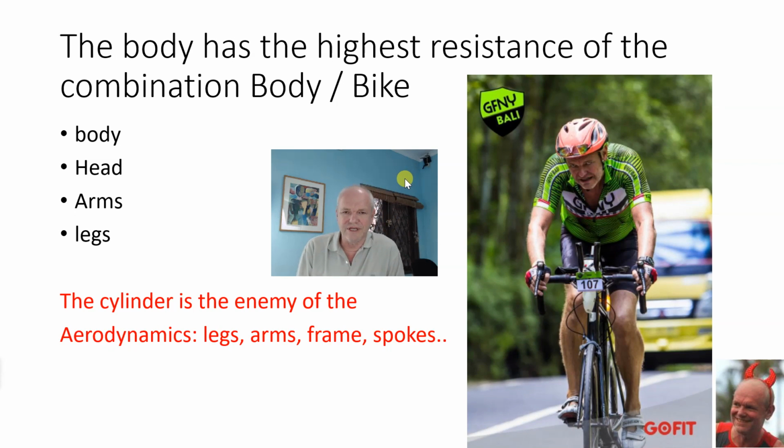So if you look here on the right side on this person, and you see the wind coming onto the person and the bike, then I think it is quite clear that the most important part when it comes to aerodynamics is this part, very big.